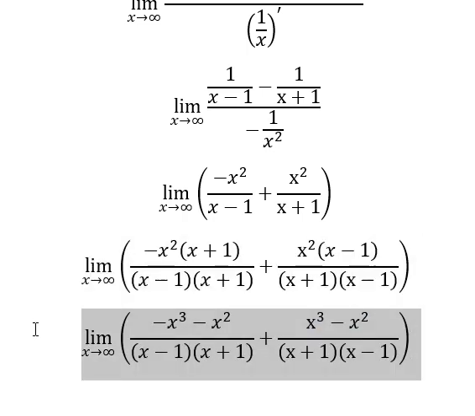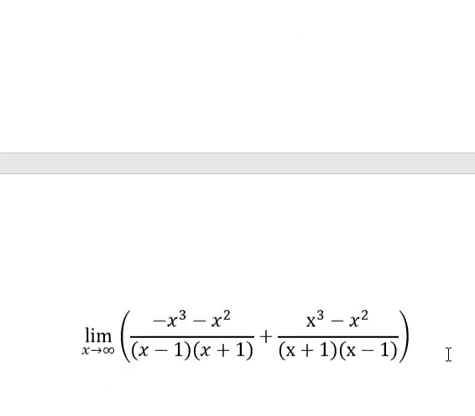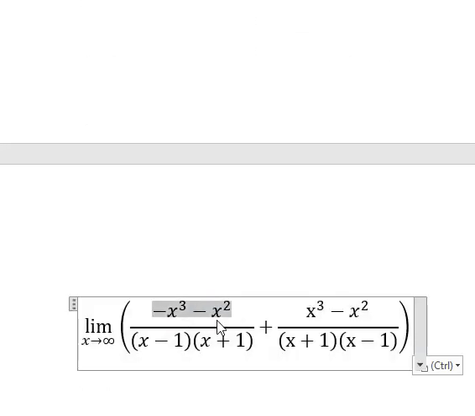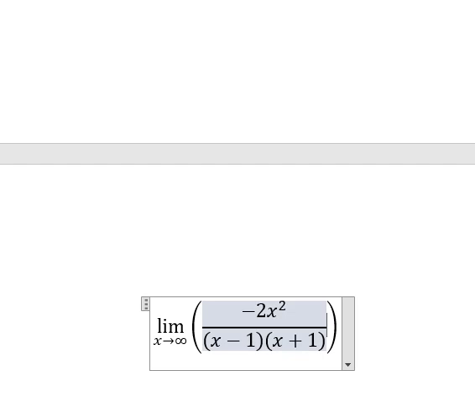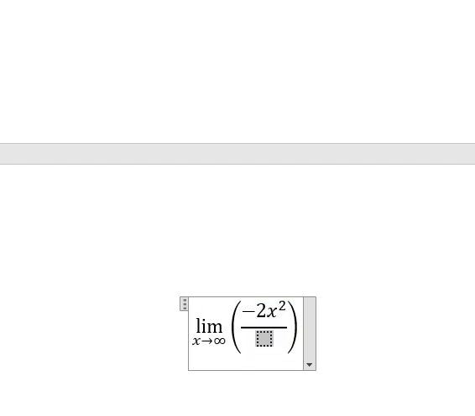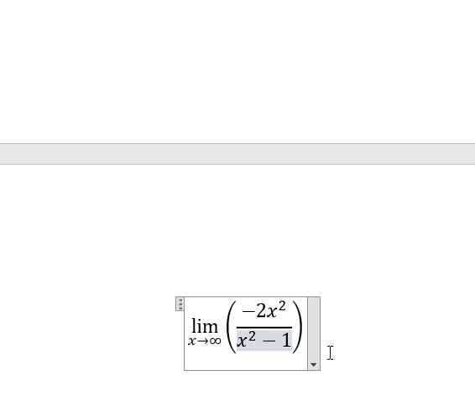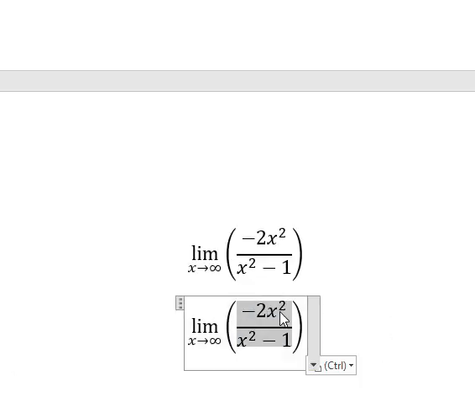So we combine two fractions and we have negative 2s squared. This one that is about s squared minus 1. Later that we divide s squared on numerator and denominator.